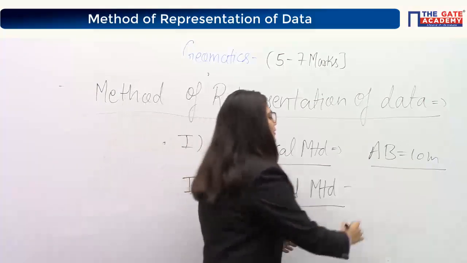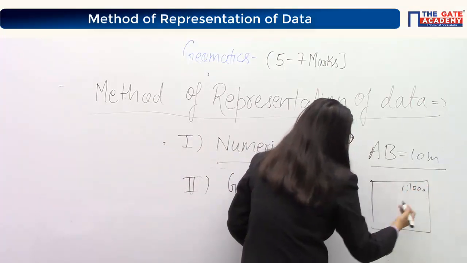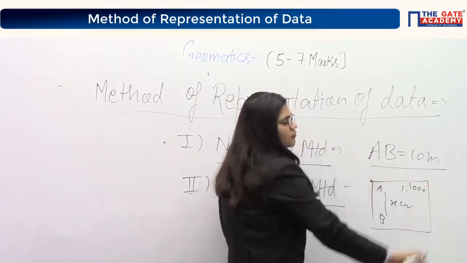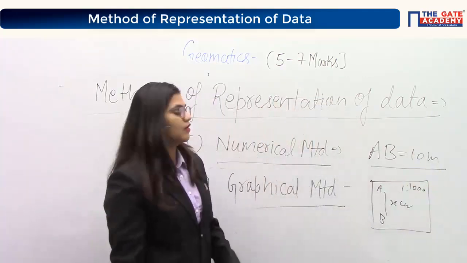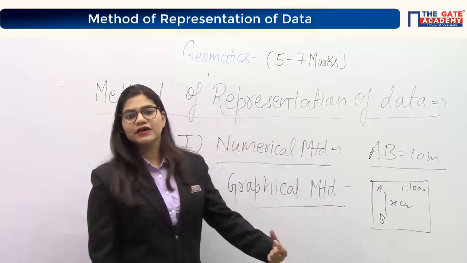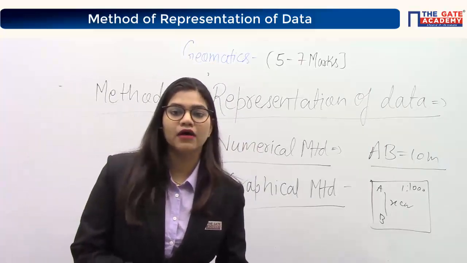Okay, write like this. This is your scale, some 1:1000, and you are defining this AB, whatever the value of that. This way you are defining the data, or plan or map, is your graphical method.